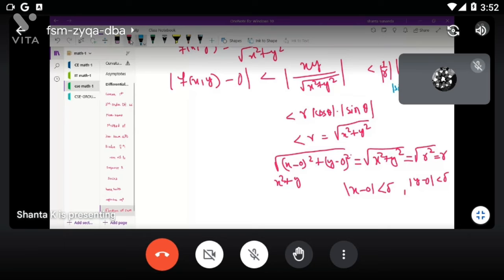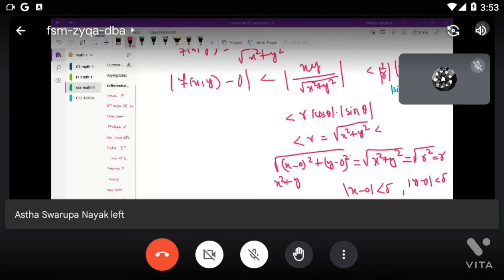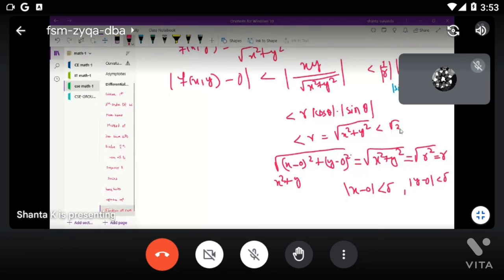So here x square plus y square we are getting: x square is less than delta square, y square less than delta square. So the root will be root 2 delta. So you should start from xy minus 0, and you should be able to get it to the form x minus x naught square, y minus y naught square. Here x naught, y naught are the origin.